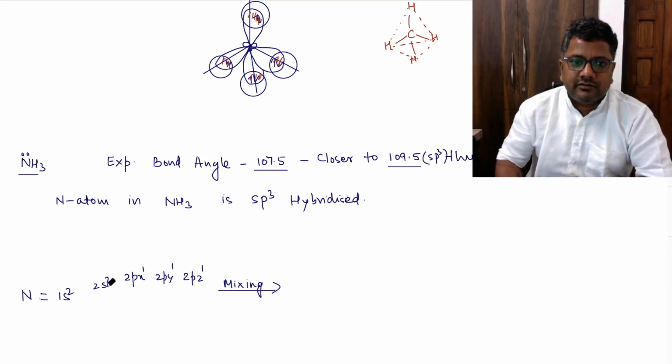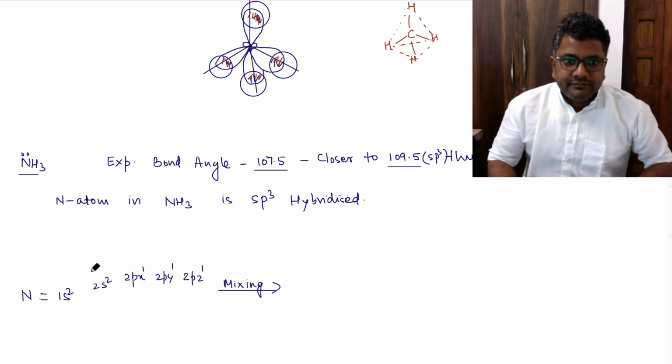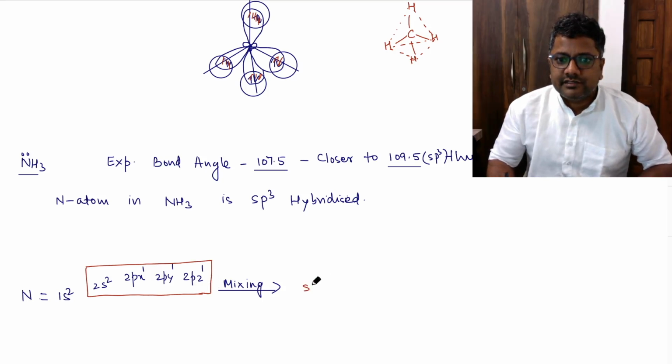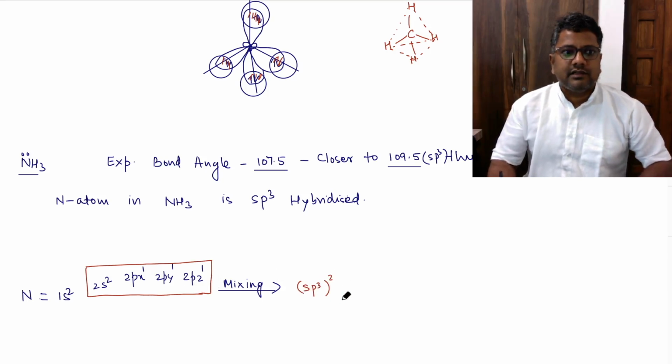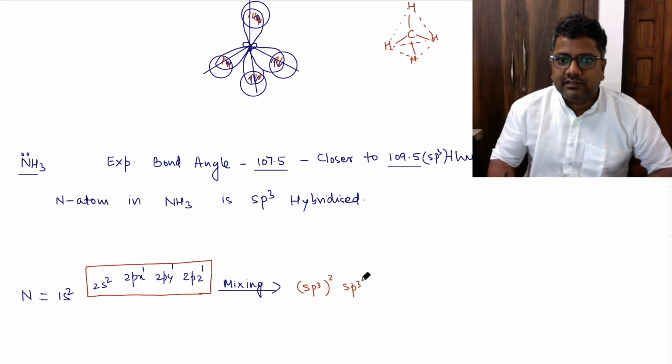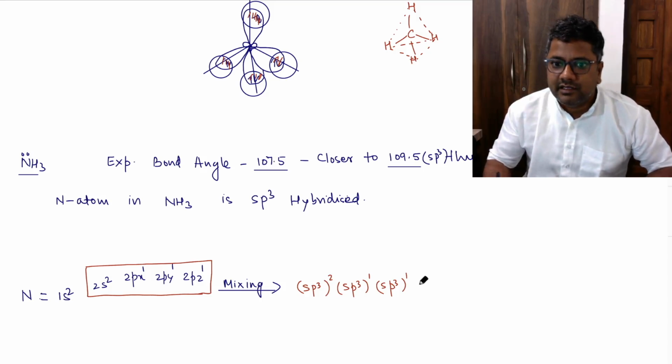All four will mix and produce sp3 2, meaning one sp3 has 2 electrons, then sp3 1, sp3 1, and sp3 1, right?